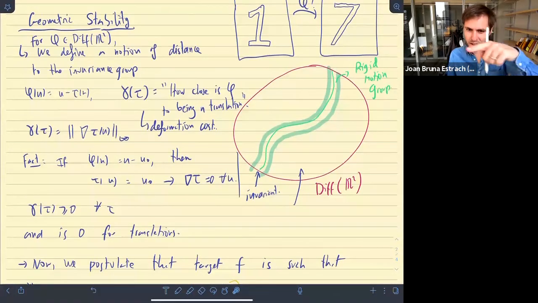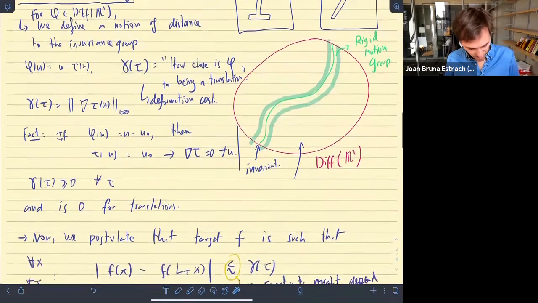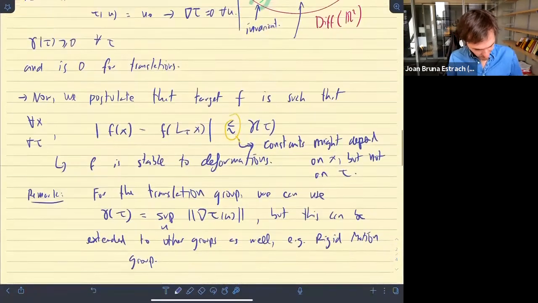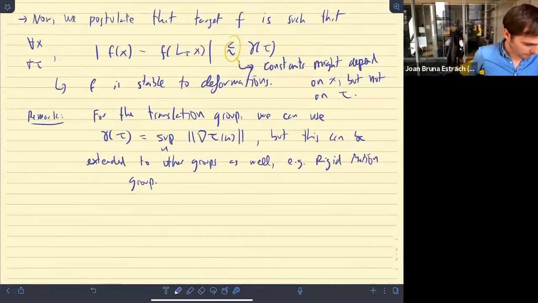If I replace the red invariance group by maybe a different group, I can still come up with a relevant definition of the distance on the group, like the distance to this invariance group. Okay, but that's not important for us.